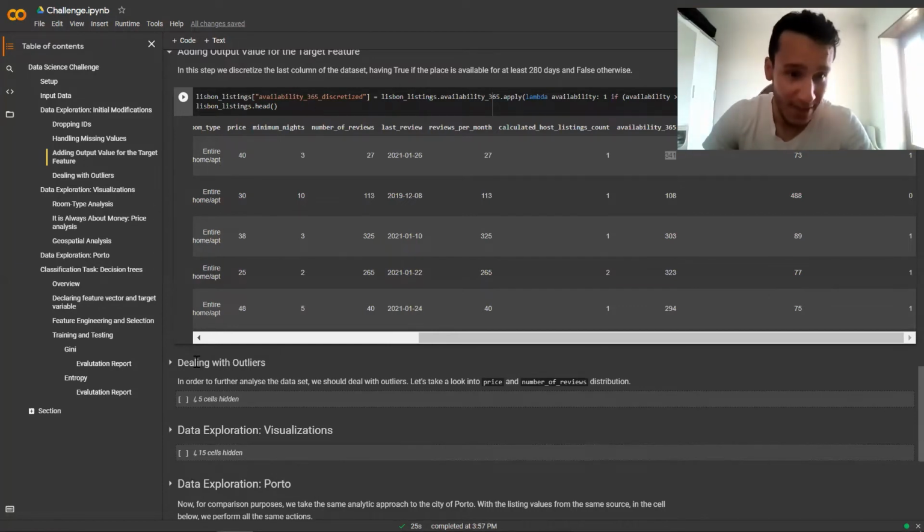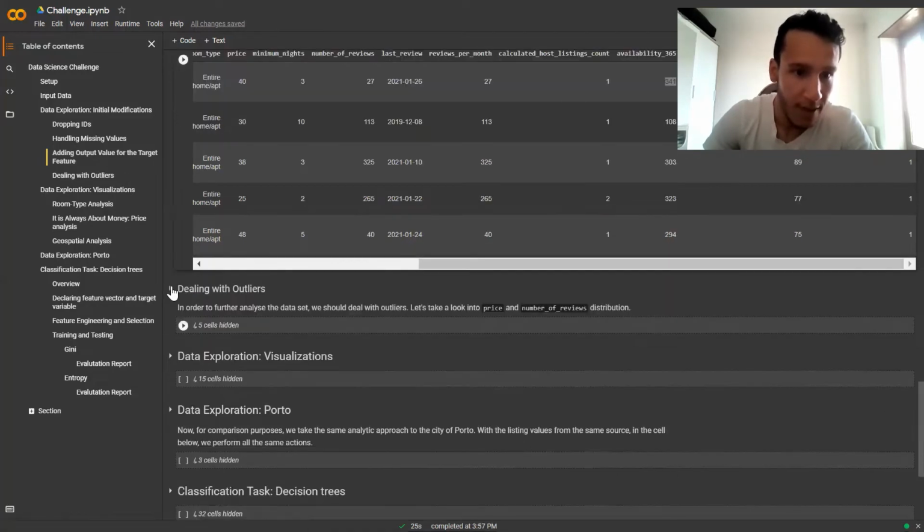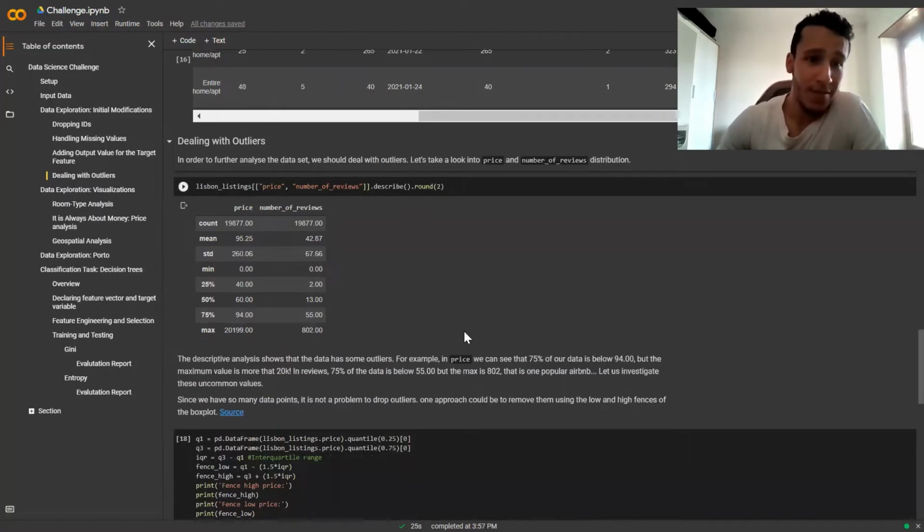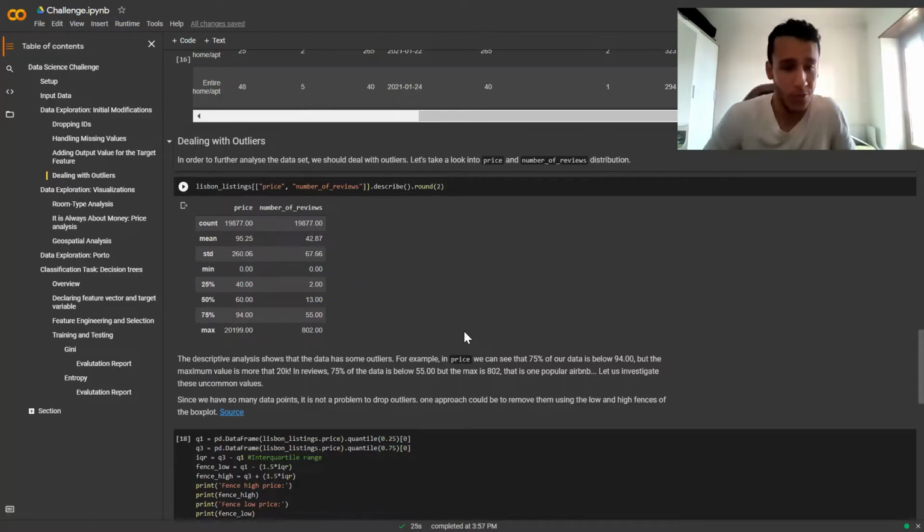Here in this section, you can see that 75% of the data rests below 94 euros per night, and the number of reviews rests below 55. But here we have a listing with 20K per night. Either that's a castle or an outlier. And we have a listing with 802 reviews.